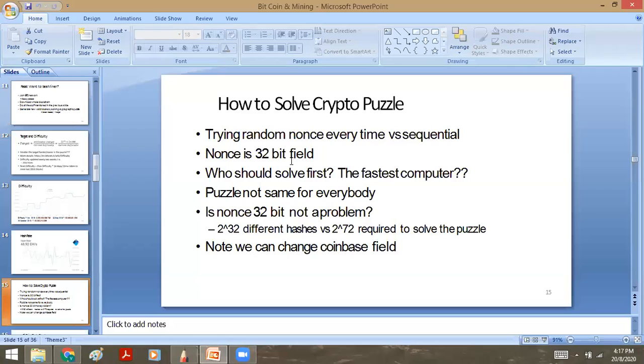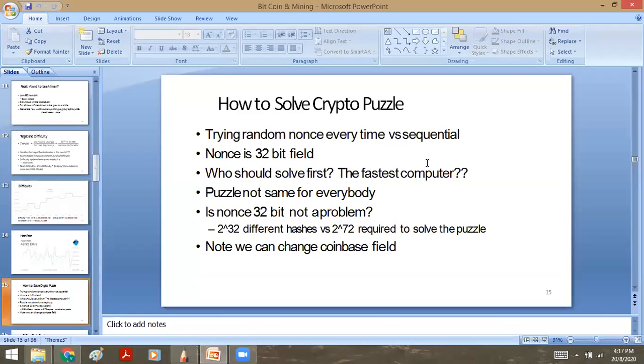And who should solve it first? The fastest computer? No, because every node has its own unique set of transaction pools. So even though there is a fastest computer, if it calculated a hash value and it is not matching the puzzle, it doesn't matter.